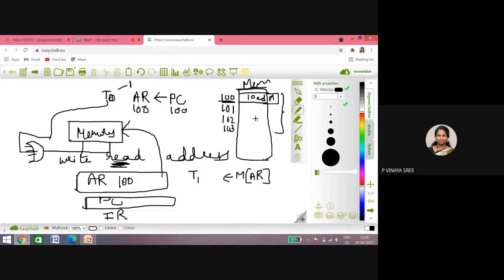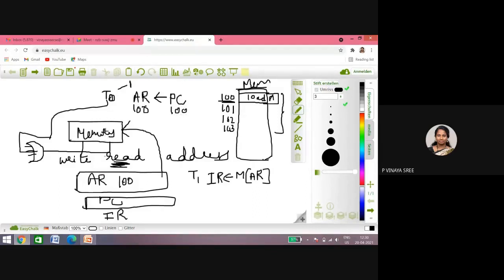Whenever it is high, whatever instruction is present in that particular address, in that address we have a load A, which is an instruction, must be placed in which register? Instruction register, yes, IR. So starting with the program counter address, that address is placed in the address register.